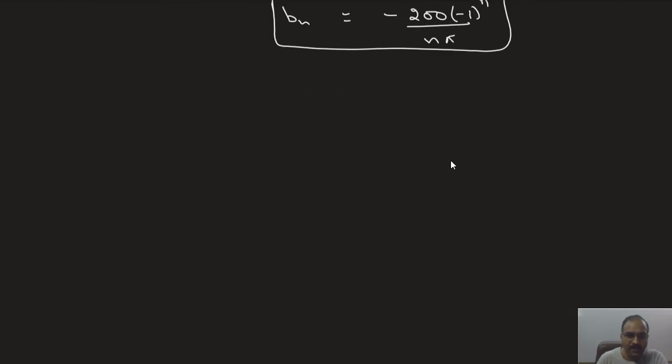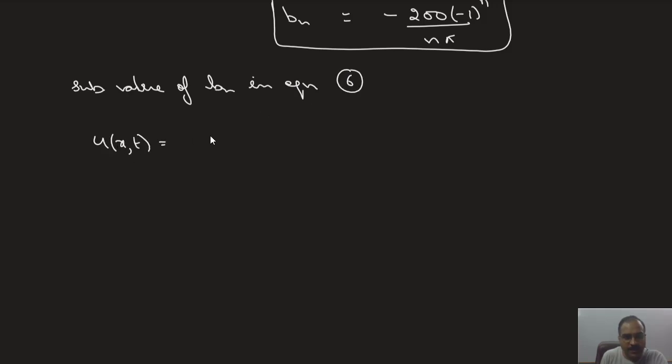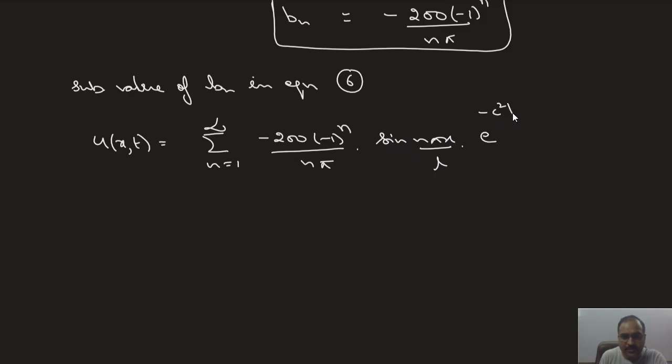So substituting the value of Bn in equation 6, we get u of x,t is equal to summation n from 1 to infinity of minus 200 into minus 1 raised to power n over n pi into sine of n pi x by l into e raised to power minus c square p square t.